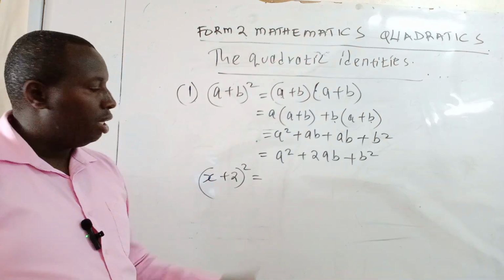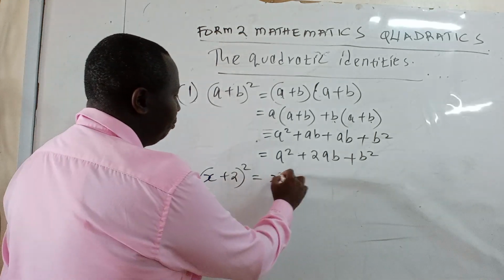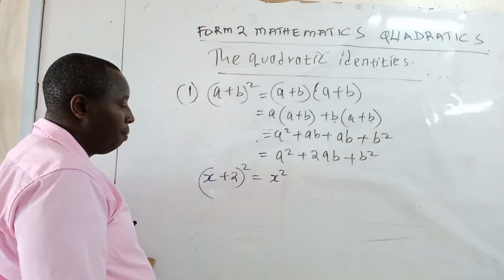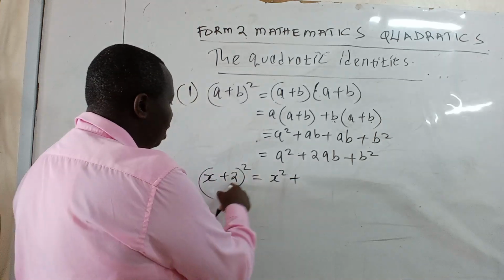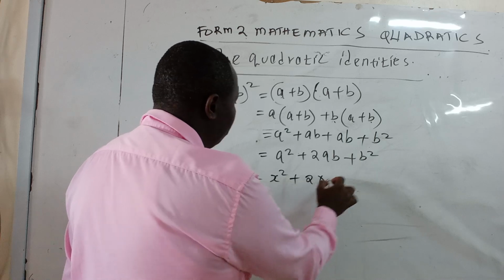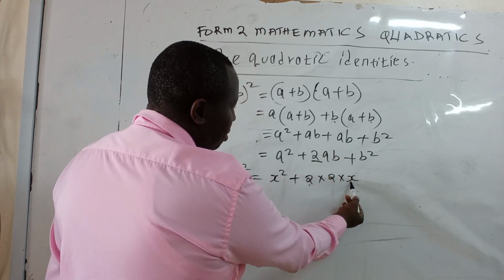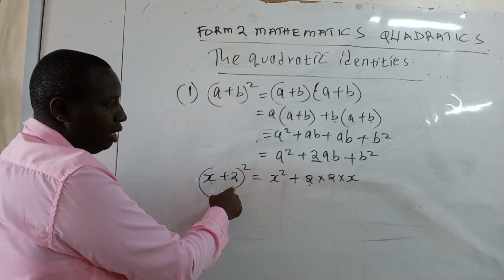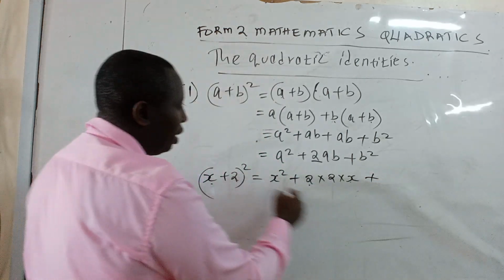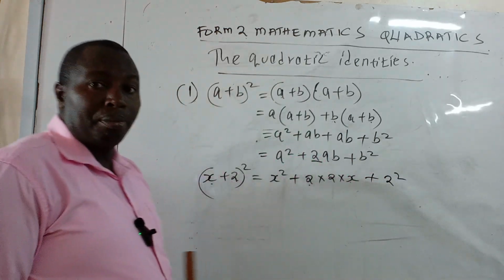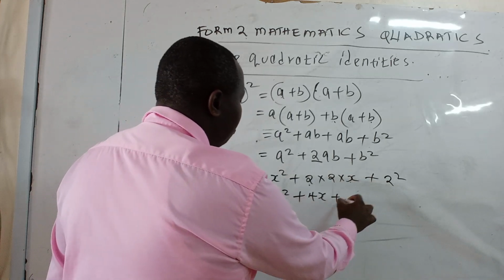Using the quadratic identities, you square the first term, x squared, then the middle value, this is positive, so you say plus 2 times x times 2, then plus 2 squared. In this case, you get x squared plus 4x plus 4.